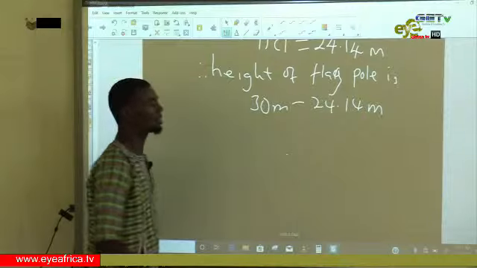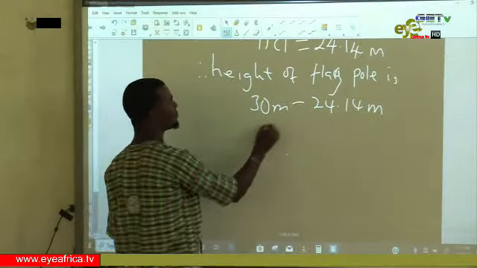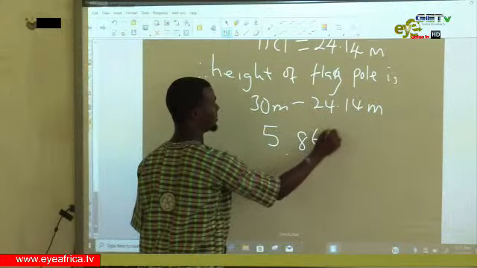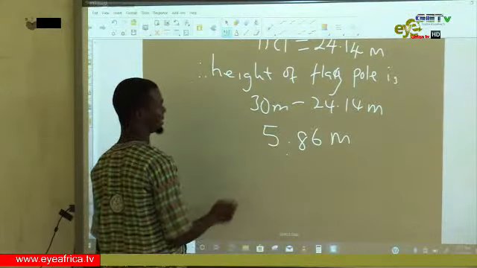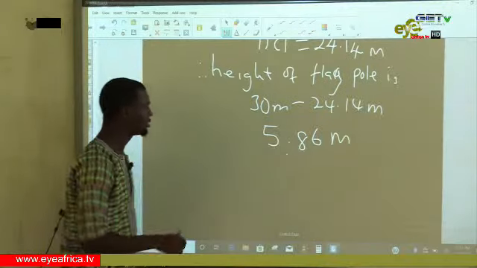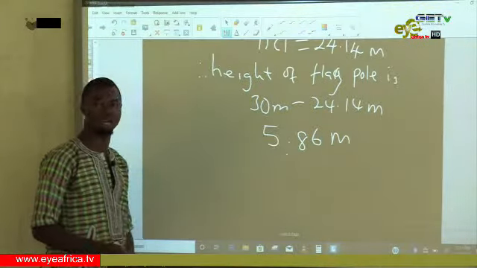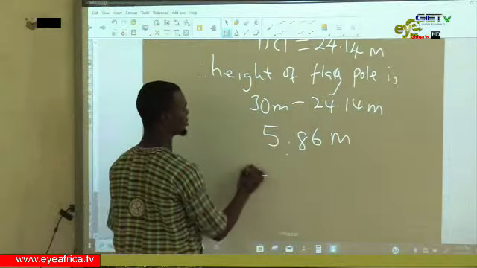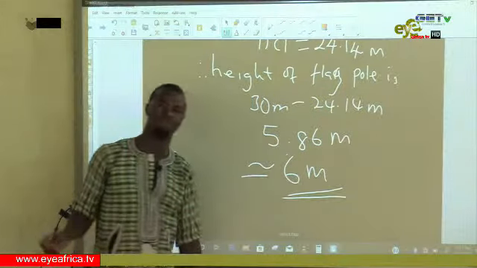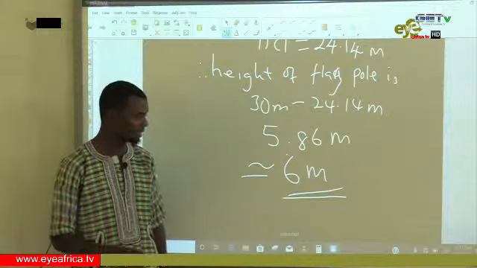If you press your calculator, you will have 5.86 meters. The question says to the nearest whole number. To the nearest whole number, the height of the flagpole is approximately 6 meters. So therefore, the height of the flagpole is 6 meters.